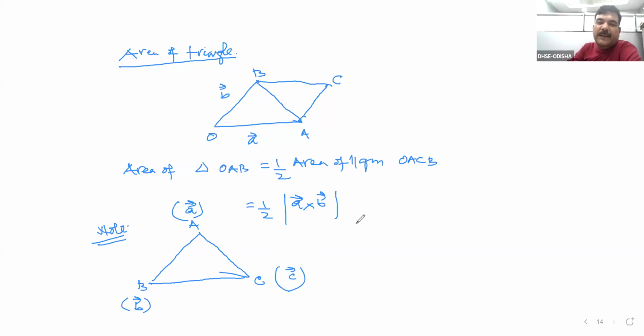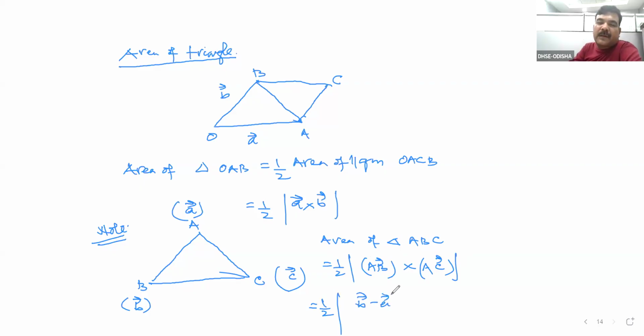So area of triangle ABC is equal to half of the magnitude of vector AB cross vector AC. What is vector AB? Vector AB is the displacement vector, that is position vector of the final point minus position vector of the initial point, which gives half of the magnitude of B minus A cross C minus A.